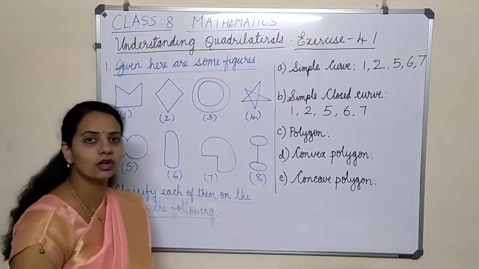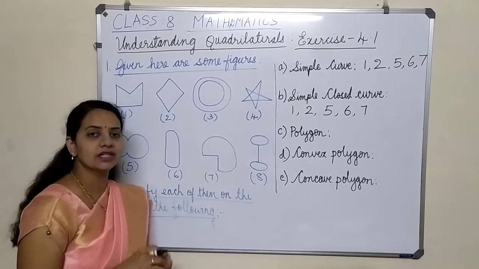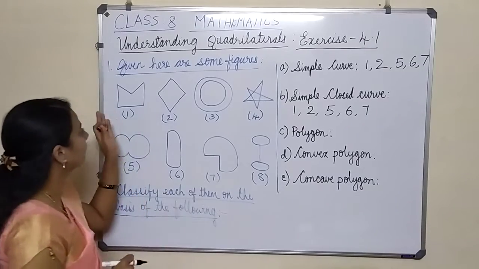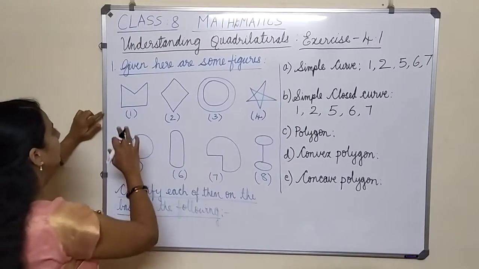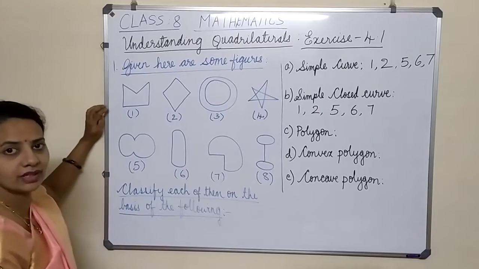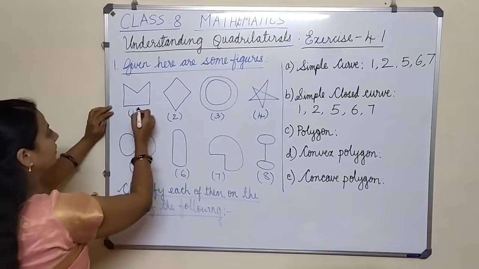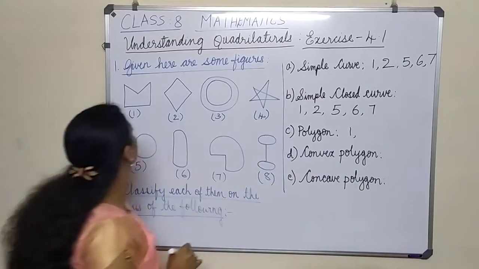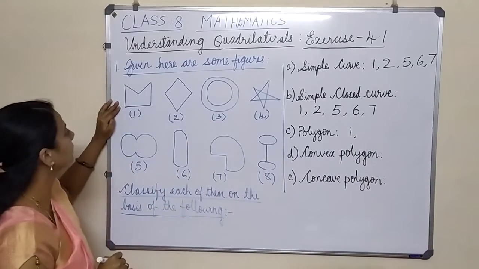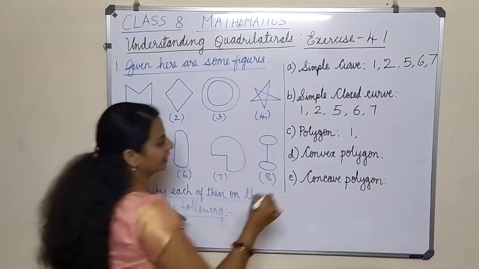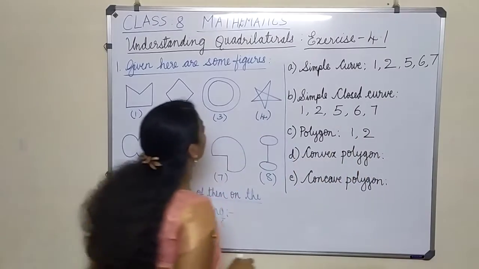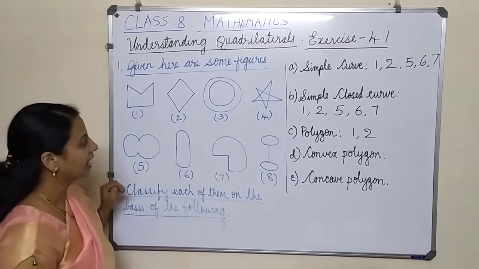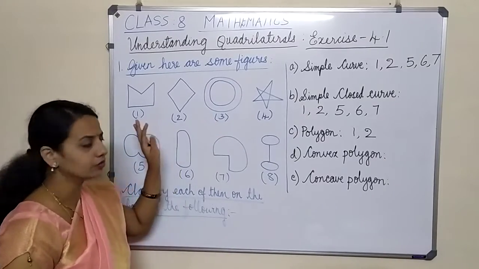So now coming to polygon. So just now we recalled about polygon. What is a polygon? It's a closed curve which is made up of line segments, right? So we are going to find out here which is that closed figure which is made up of line segments. The first one, yes, is made up of line segments and it is closed. The second one, yes, is also a polygon. What about the third one? It is not made up of line segments, so the third one is ruled out.